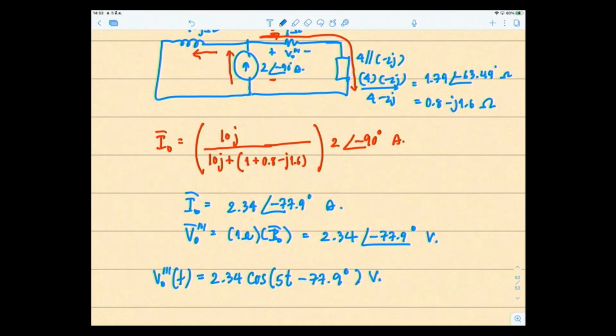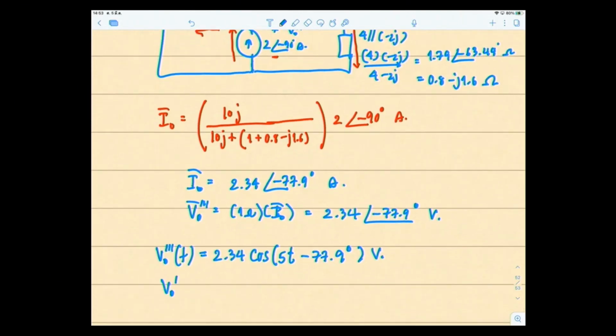But if you want to change it back to sine, since the original circuit was sine, then your V out triple prime of t is equal to 2.34 sine(5t minus 77.9 plus 90 degrees).